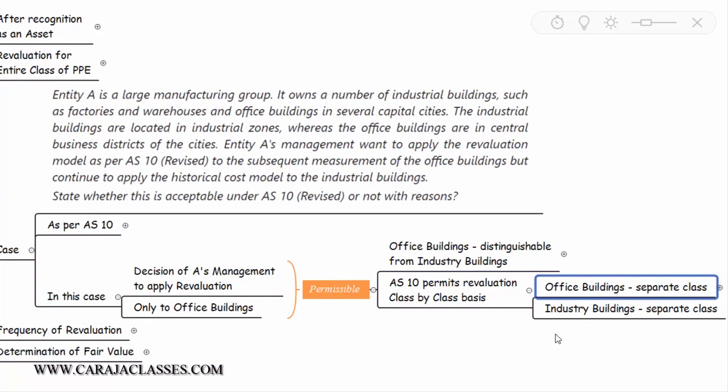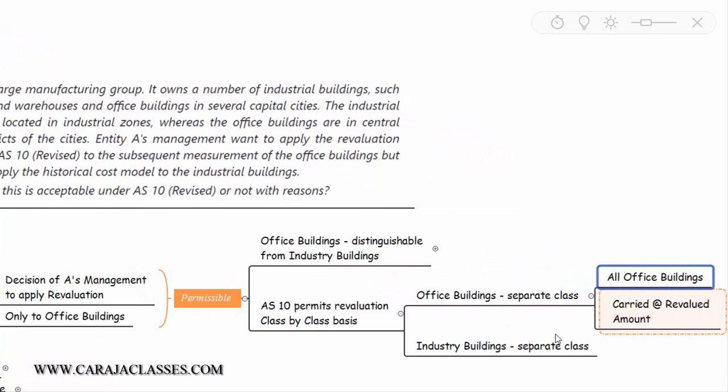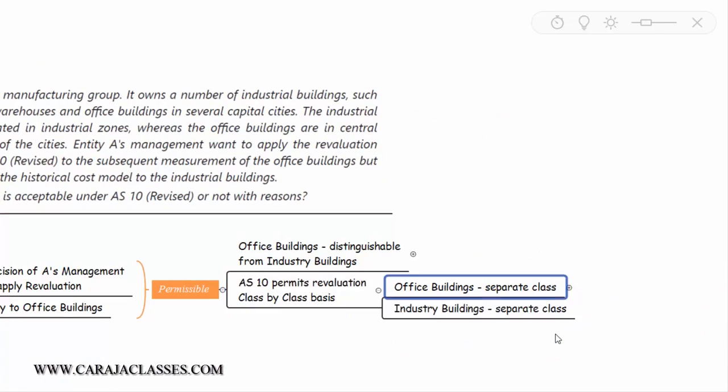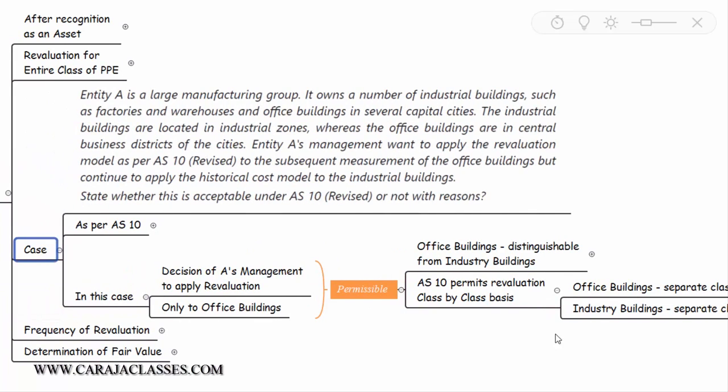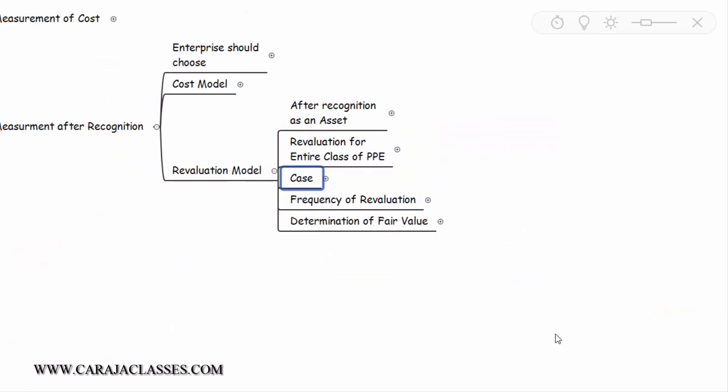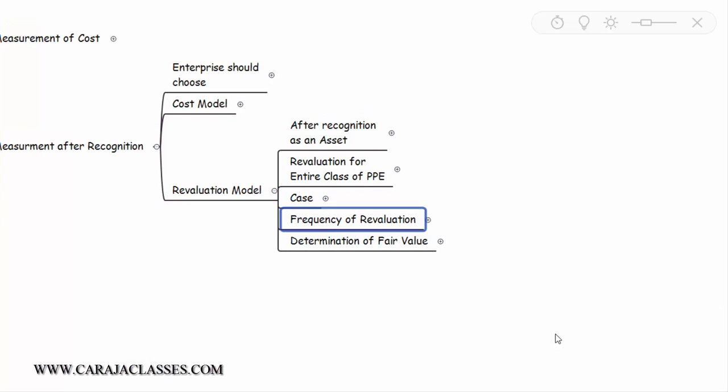Here office buildings are a separate class, so all office buildings can be carried at the revalued amount, and industrial buildings are a separate class and they can be valued at historical cost itself. So this is the case to understand this revaluation for the entire class in a better way. Then comes the frequency of revaluation and determination of fair value, which we will discuss in the next session.